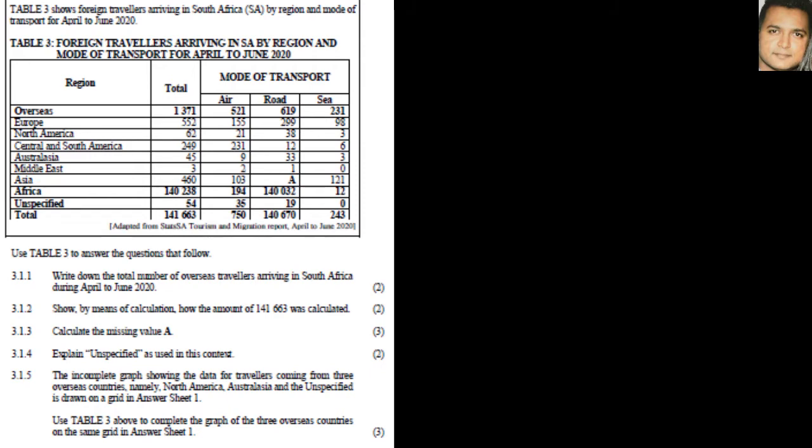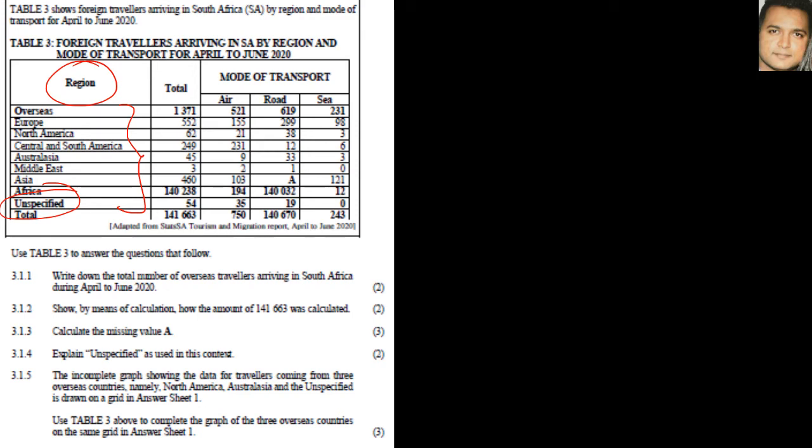Explain unspecified as used in this context. Okay, so they don't want the general meaning of unspecified. They have to use the scenario they've given you. So unspecified is this part here, and if you find that it's all listed within this part, which is showing a region from which it came, that means these travelers came from this particular area.